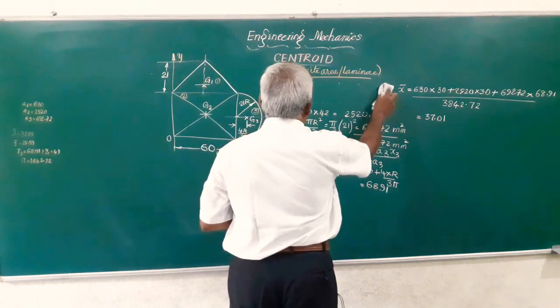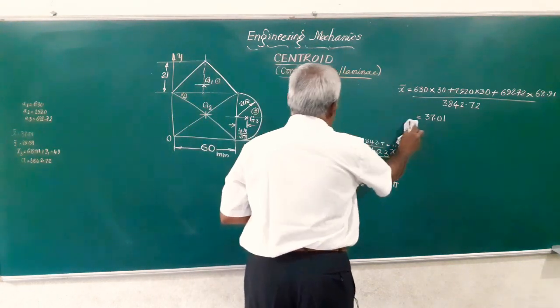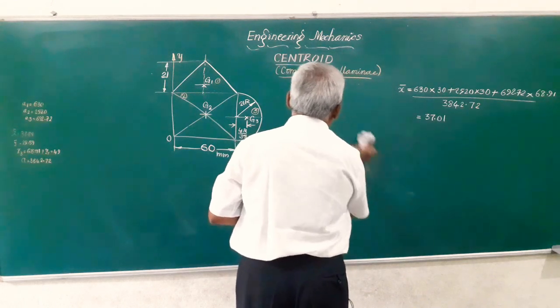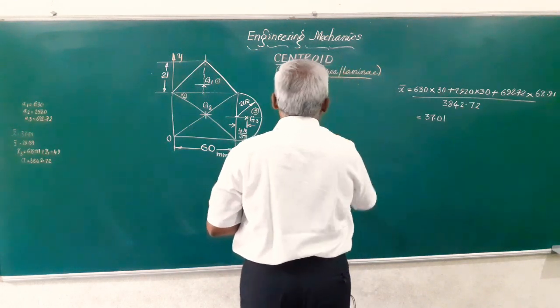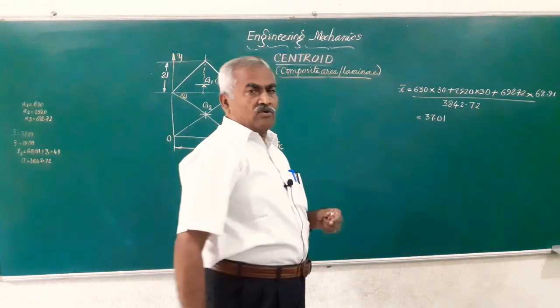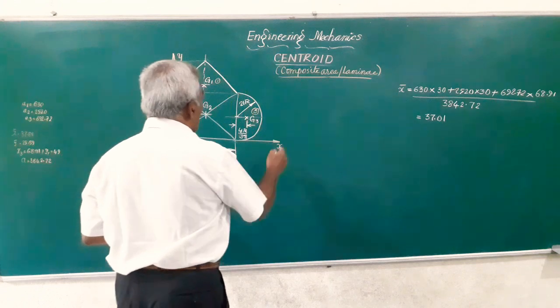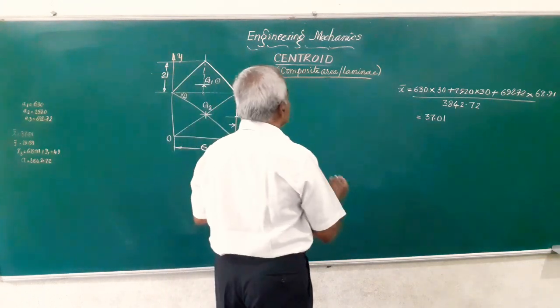Friends, after calculating the value of x bar, let us see how to find out y bar, that is the distance of the centroid of the composite plate from the x axis, that is from OX. Friends, we are using the same formula.